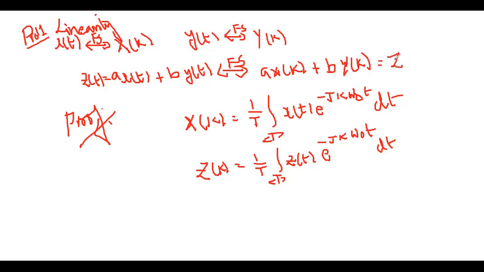Now we can prove that z of k is equal to a into x of k plus b into y of k.